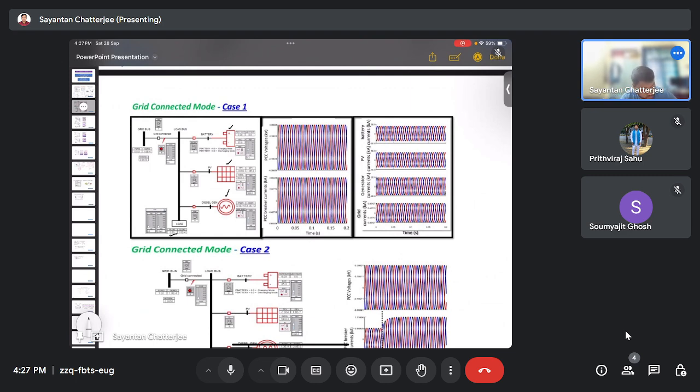So here the grid is directly feeding 500.501 kilowatt. Okay. And the load is consuming 0.5 megawatt. So the rest are acting as the losses.